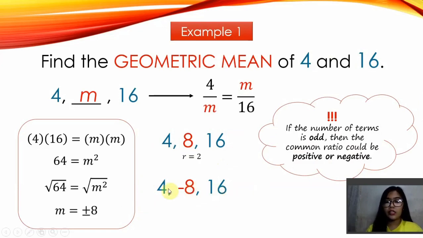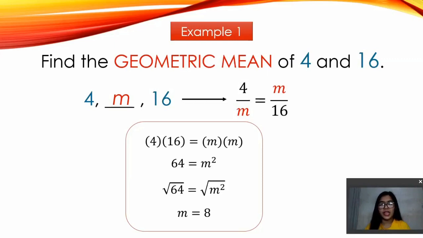On the other hand, 4, negative 8, and then 16, the common ratio here is negative 2. So that will be 4 times negative 2 is negative 8, and then negative 8 times negative 2 is positive 16. So the geometric mean of 4 and 16 is positive negative 8.